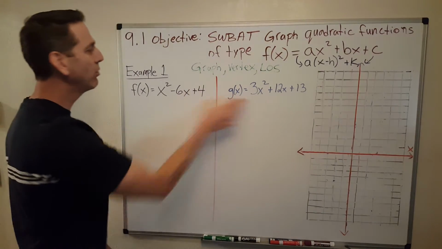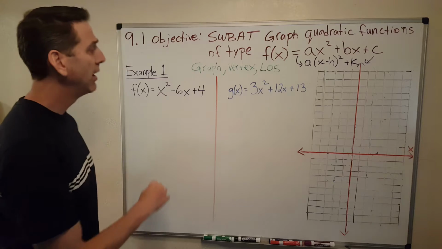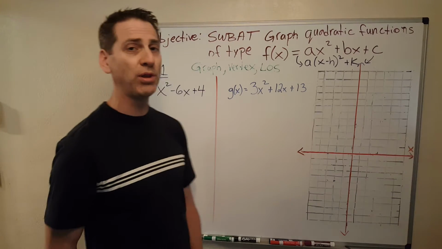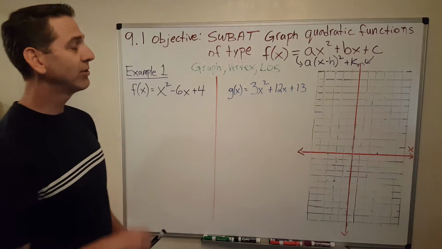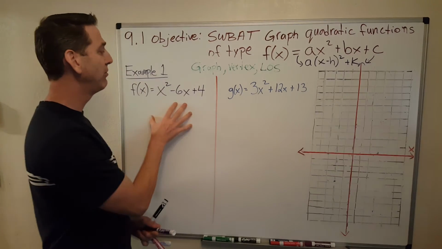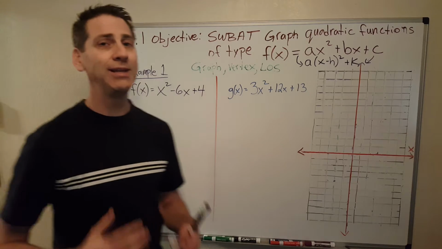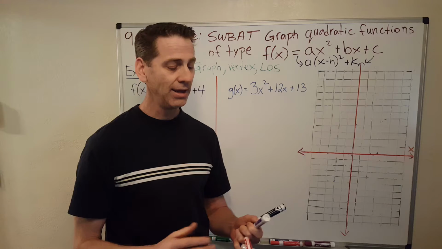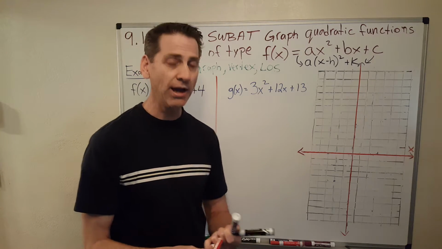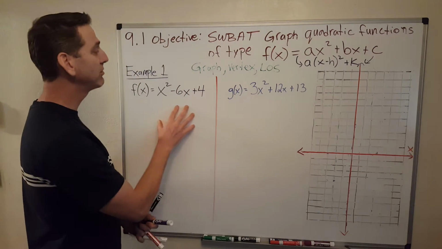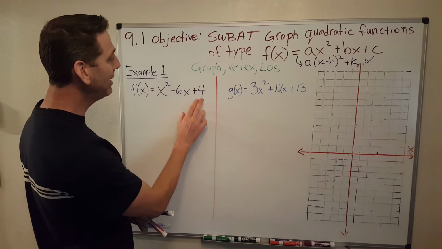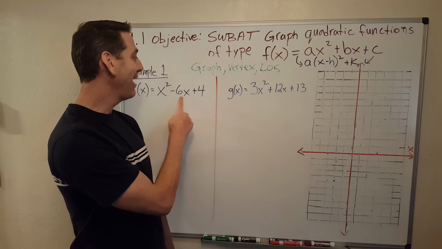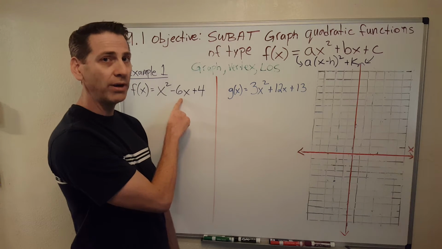Let's take a look at two examples. The first example is f of x equals x squared minus 6x plus 4. The first thing you need to do to get it to vertex form is complete the square. I went over that in a previous video, so you can check that out. In order to complete the square, I need c to be half of b, squared.